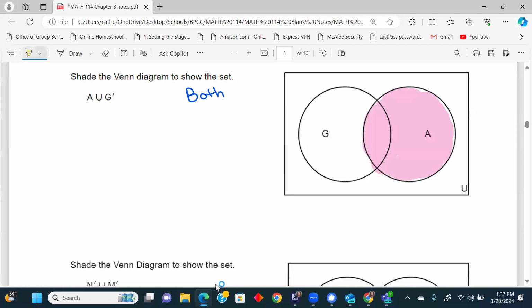And then we want not G, because we have a little tick mark, so everything outside of G, which includes that part of A. So that's all of this. All of the shadings included because it is a union. So I'm going to clear the shading and show you what the answer would be. Okay, all of A and outside of G.